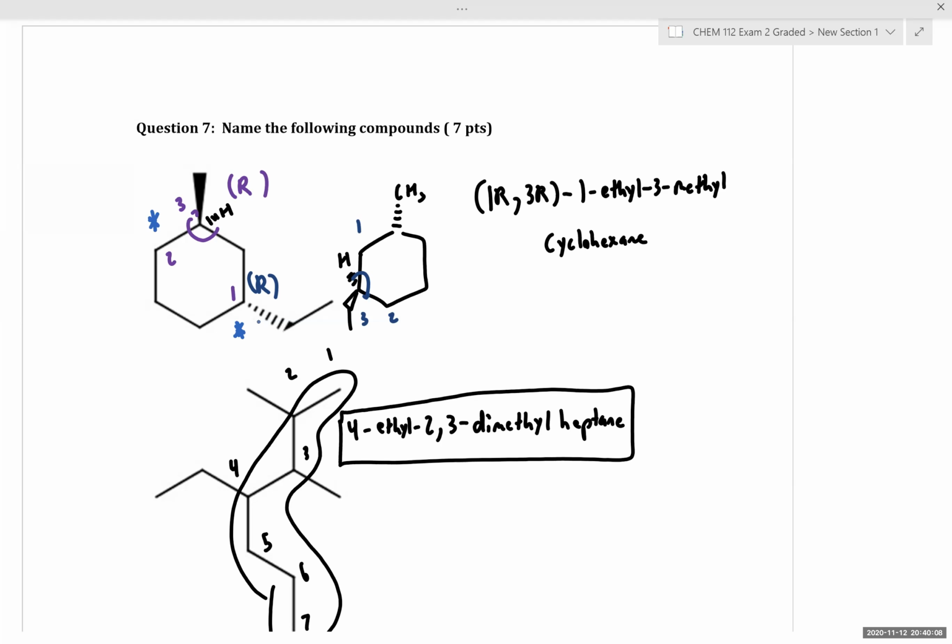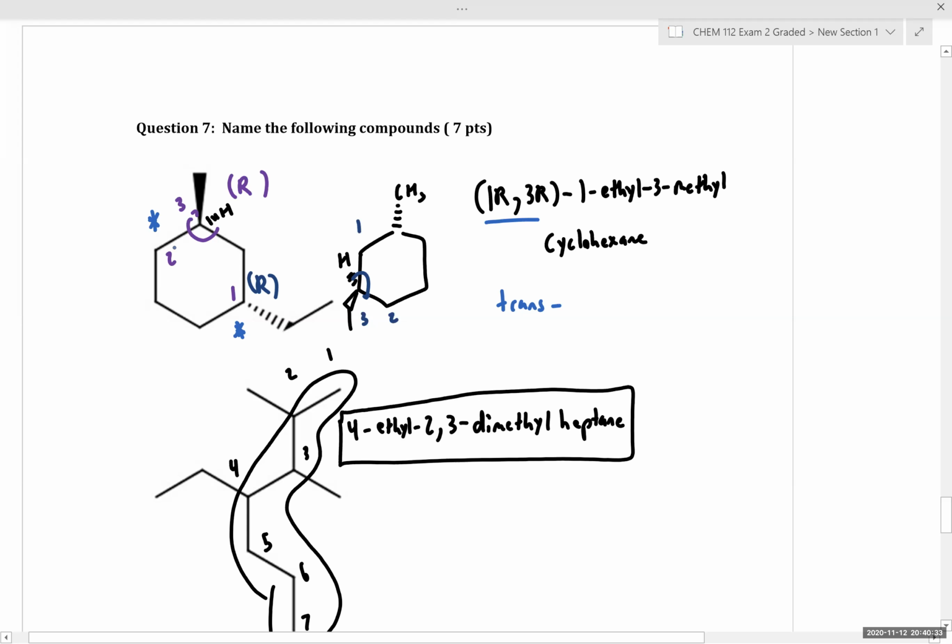Because these are stereocenters, the stereochemistry has to be included in the name. Remember how we talked about if the stereocenters are real stereocenters, you have to specify the R and S configuration? That is crucial in this problem. You can also call this trans, that indicates the relative stereochemistry. That's acceptable.